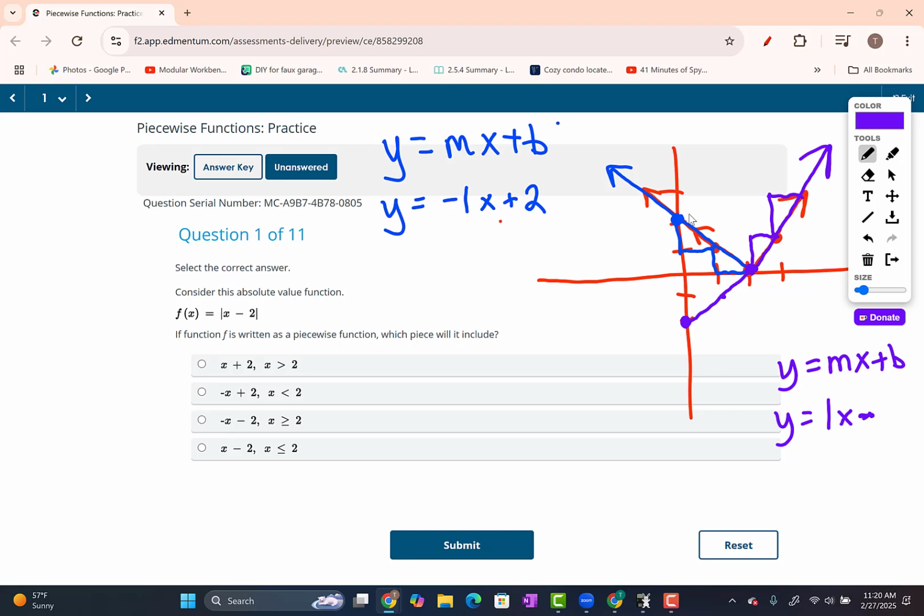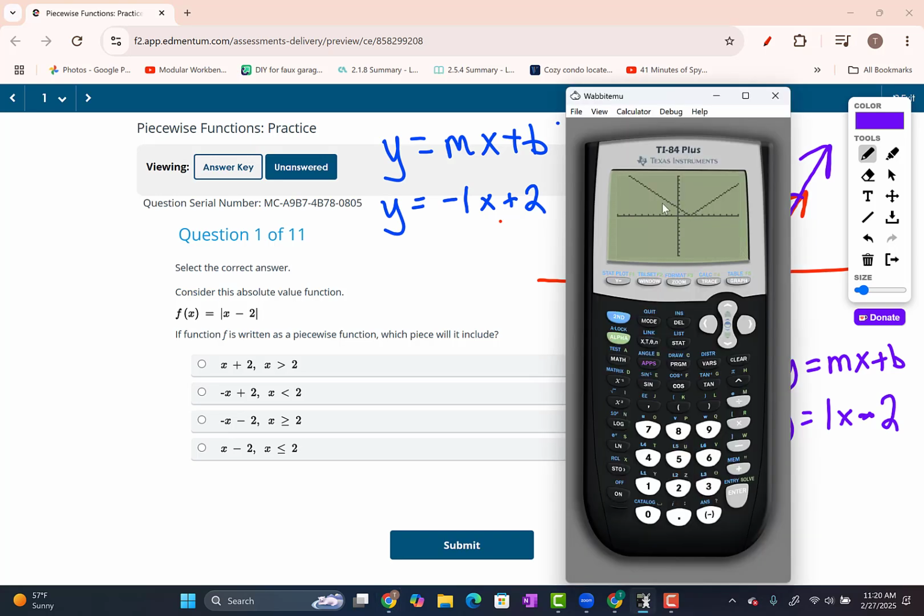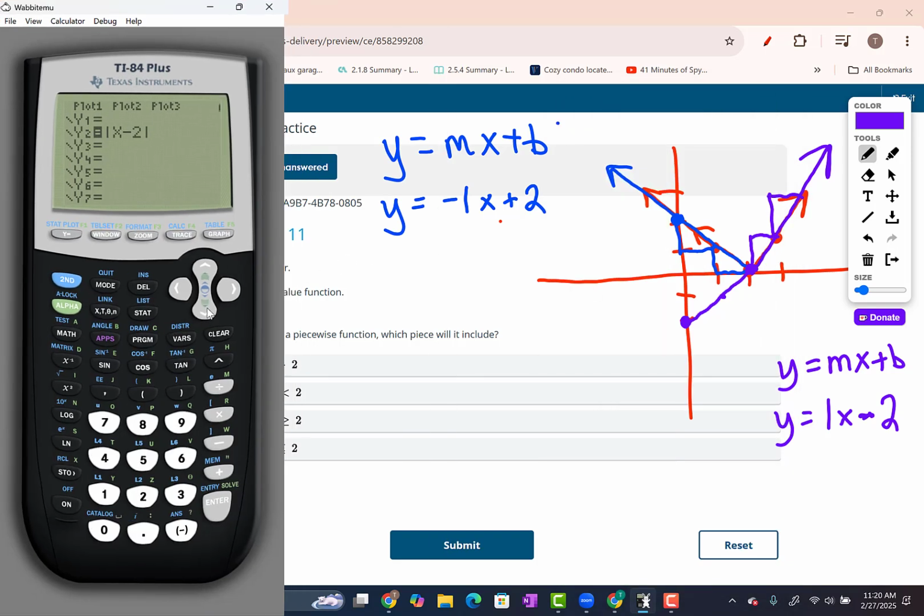You can probably see this a little more clearly in the graphing calculator. So for instance, if I have that graph in my calculator, and in another y equals I put in just 1x minus 2 and graph it, you'll notice how it just graphs right on top of the right-hand side of that absolute value function.